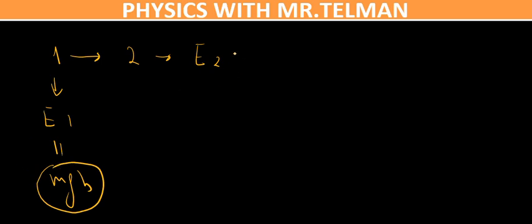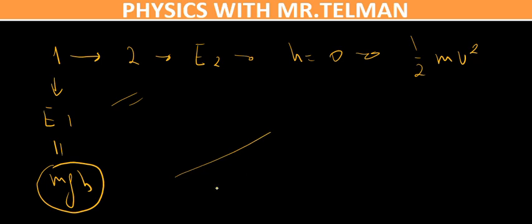And at point 2 E2 the h equal to 0, and we have the movement, that's why the energy is 1 over 2 mv squared, and we make them equal, and then we are getting the final answer v equal to 2.4 meters per second.